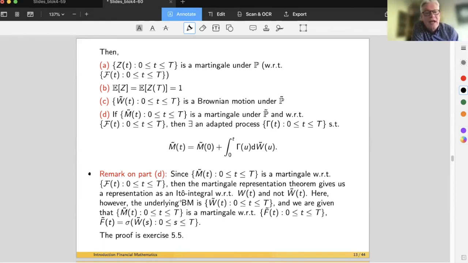However, the underlying Brownian motion in this case is W tilde t. And we are given that M tilde t is a martingale with respect to F tilde t, 0 less or equal to little t less or equal to capital T.